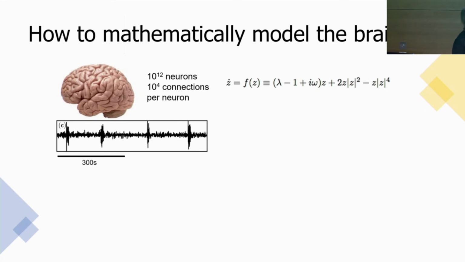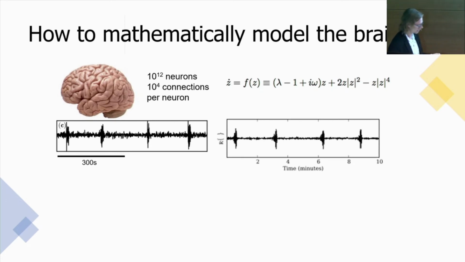And the reason I propose that is because this has a particular mathematical form, and essentially it enables the coexistence of two states, one of which is a kind of low amplitude state, which mimics the interictal regions of the EEG activity, and the other is a high amplitude oscillatory state. And by playing around with these equations, we can enable transitions from one state to the other and back again. And I've obviously deliberately chosen model parameters carefully so that the output of this model really does look like the EEG we see.